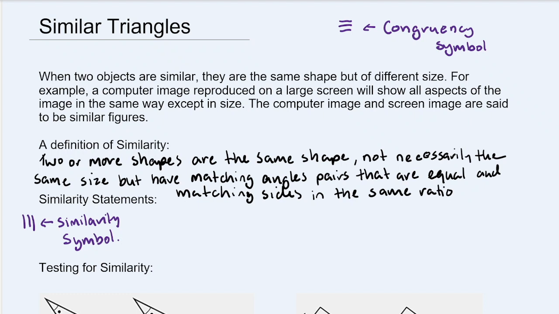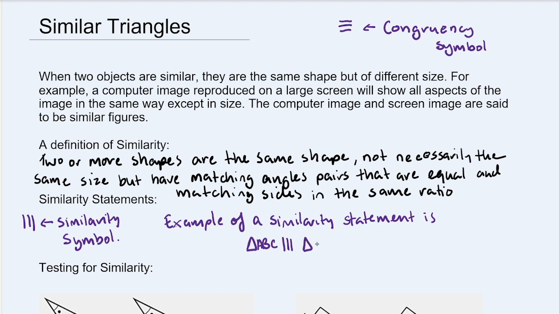So one example of a similarity statement is, say we have triangle ABC, and we want to say it is similar to triangle DEF. So that's how we would do it. Put the triangle symbol, use our vertical lines to indicate similarity.